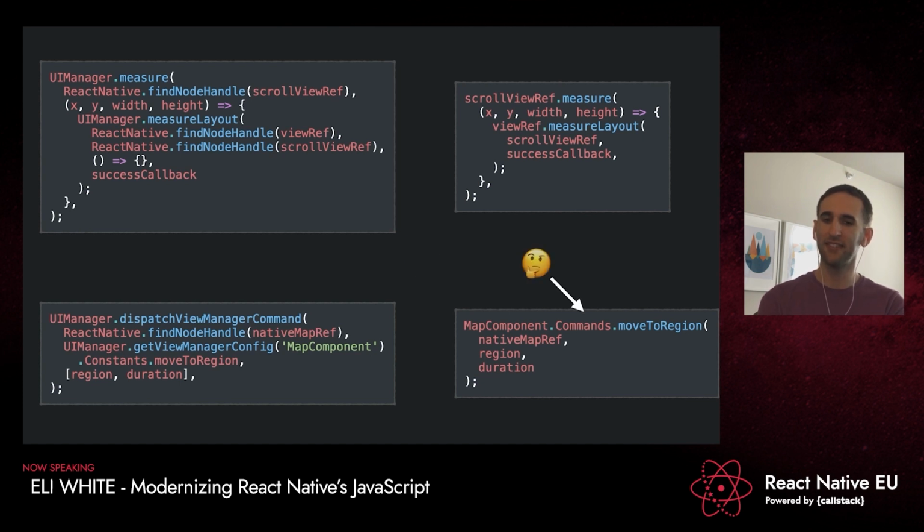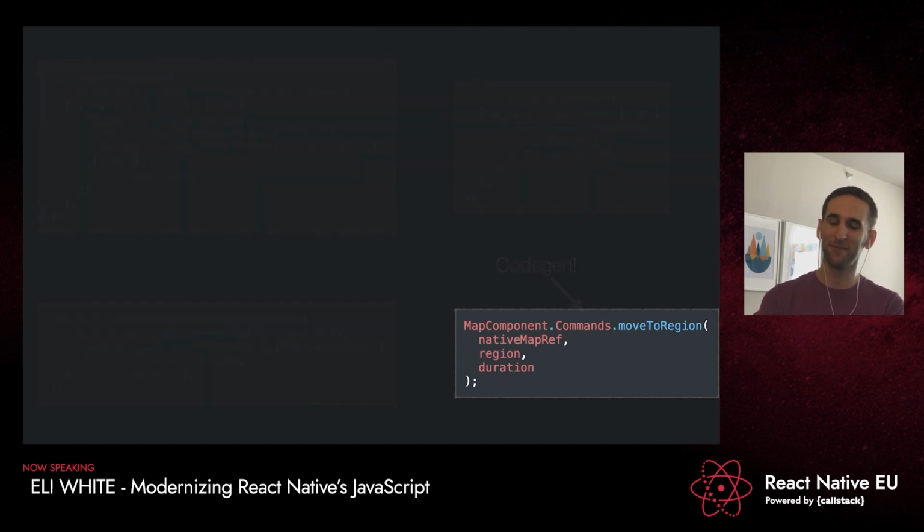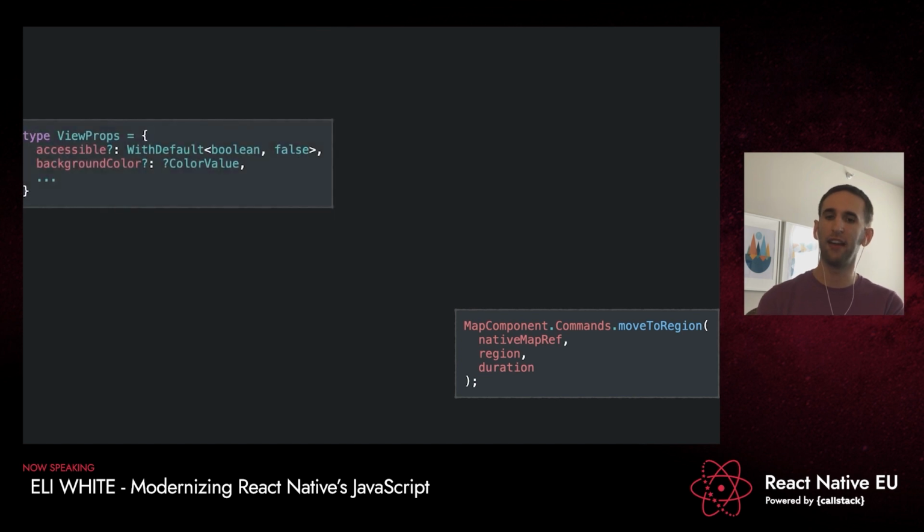But looking at this commands argument, you might think, well, what is this commands thing? What do I have to write here to get this? And the answer is you don't have to write anything. The magic is codegen. So let's go back and look at our example schema, the JavaScript we write to define what the component looks like. We mentioned this already. You have these types, you define the props, you might specify defaults for these different values.